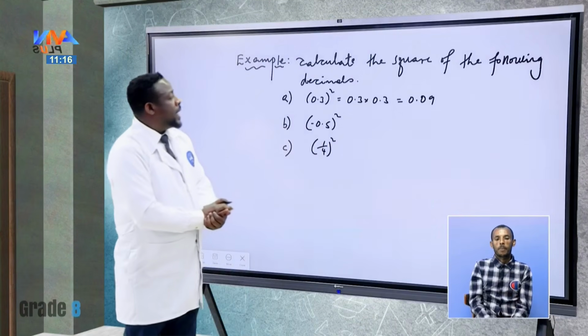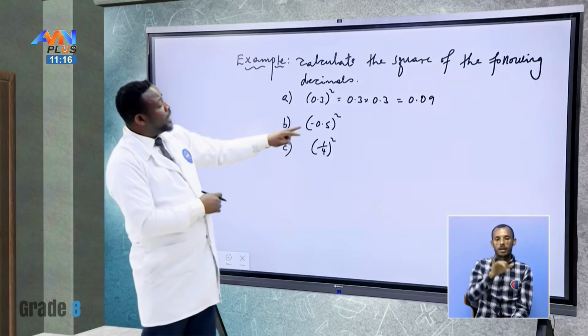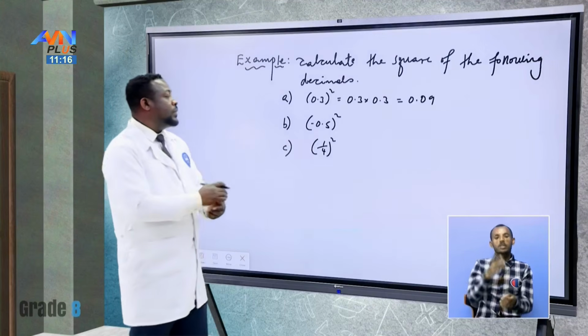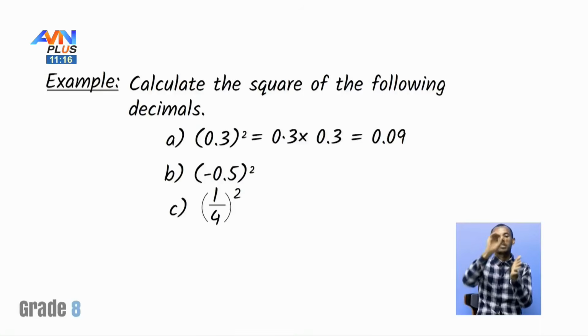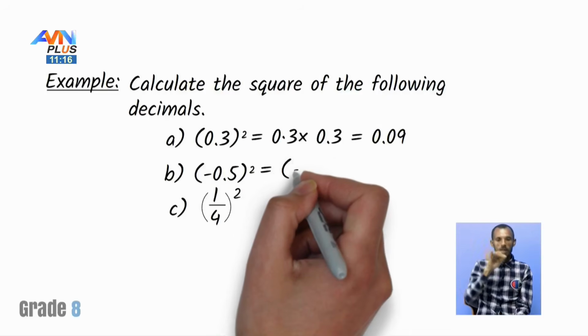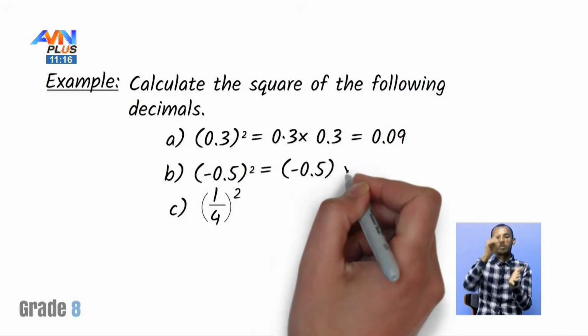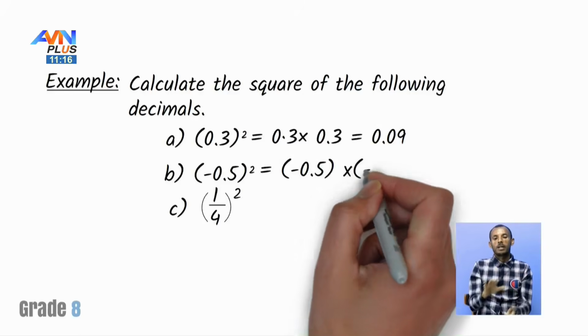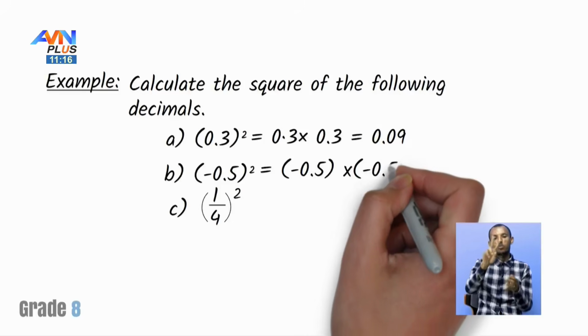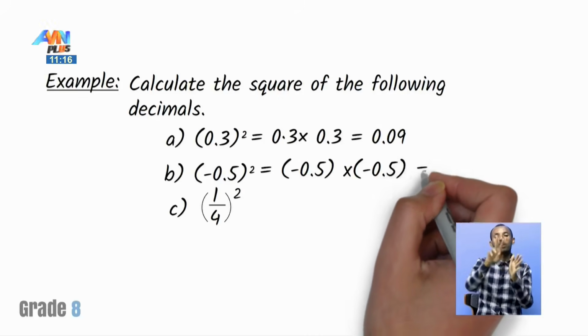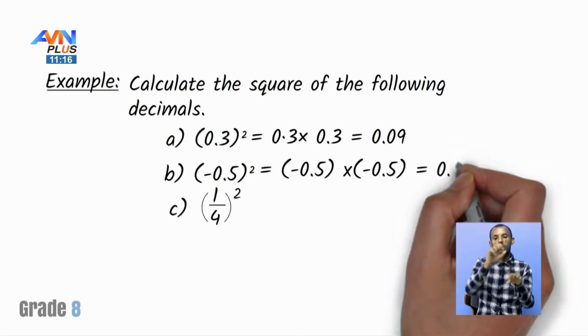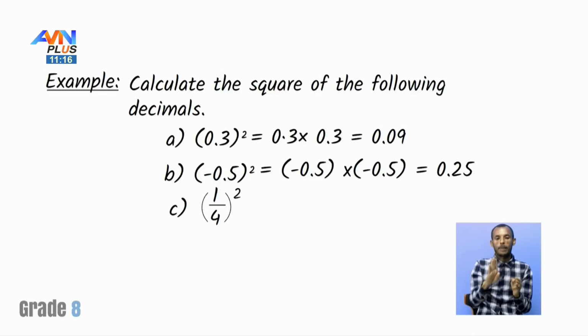Similarly, the squared value of negative 0.5 is negative 0.5 times negative 0.5. As I said before, the product of any two negative rational numbers is positive. So it becomes positive 0.25.